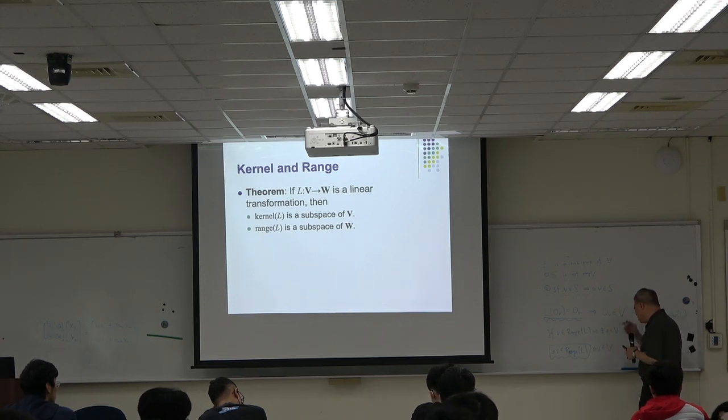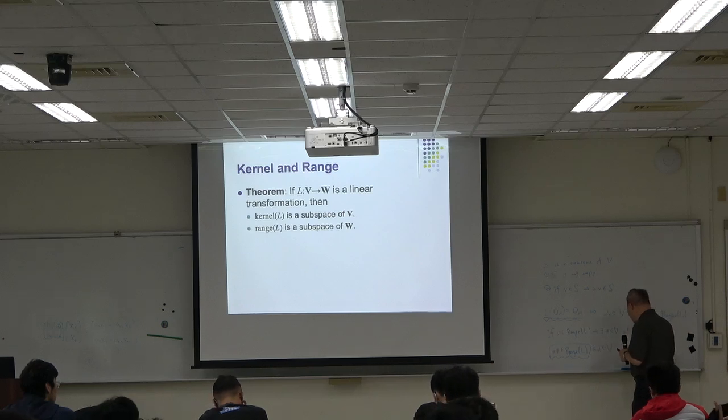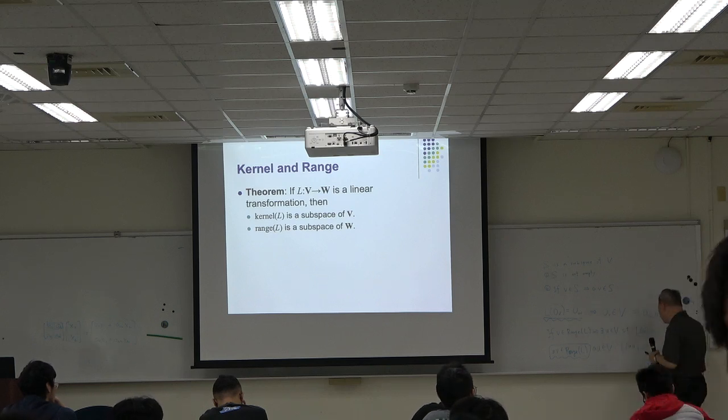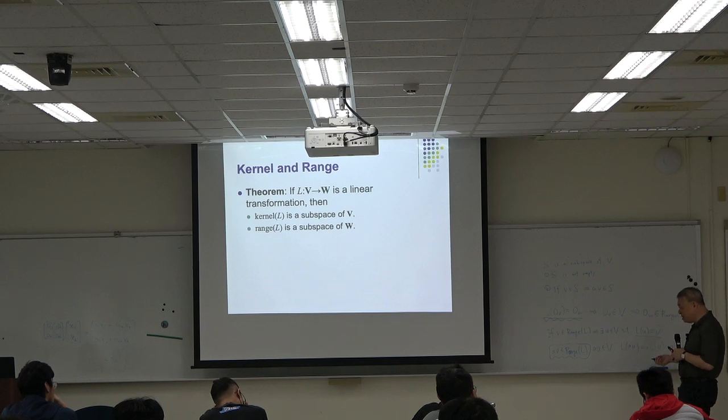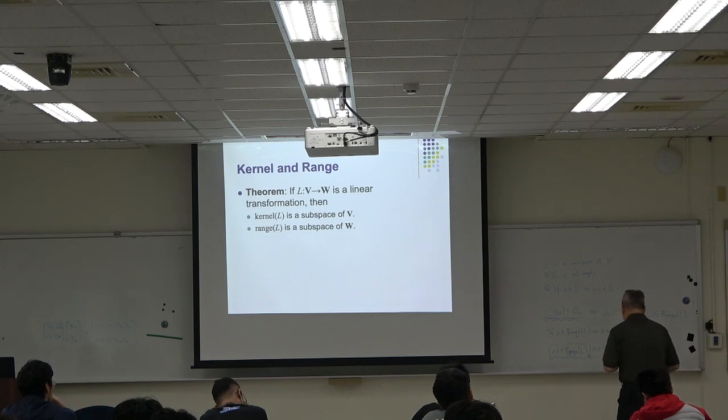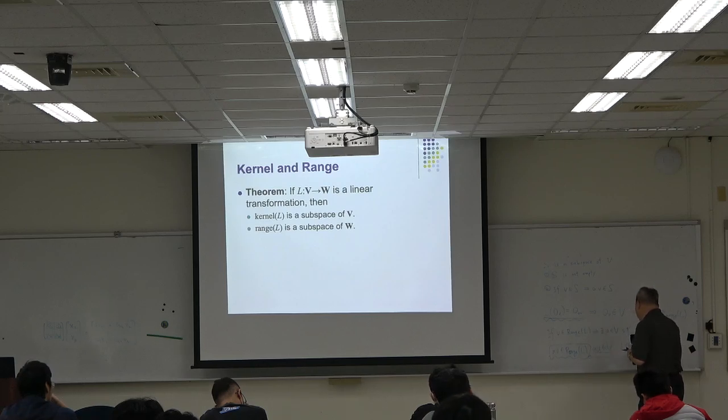So AU is in V, and then L(AU) is going to be A L(U), which is A times V. So that means AV is in range L, because you can find something in V such that through L it will map to AV.